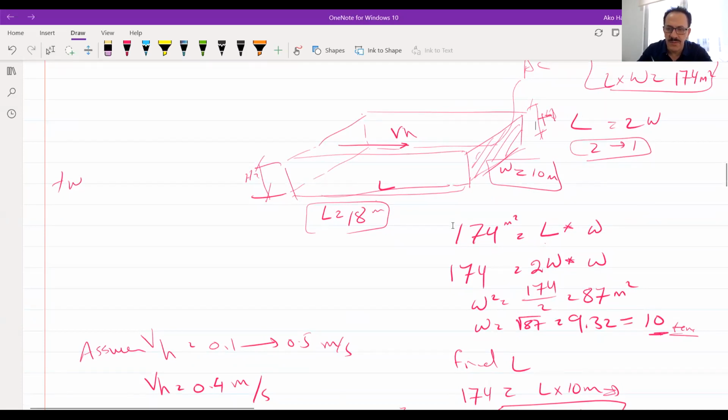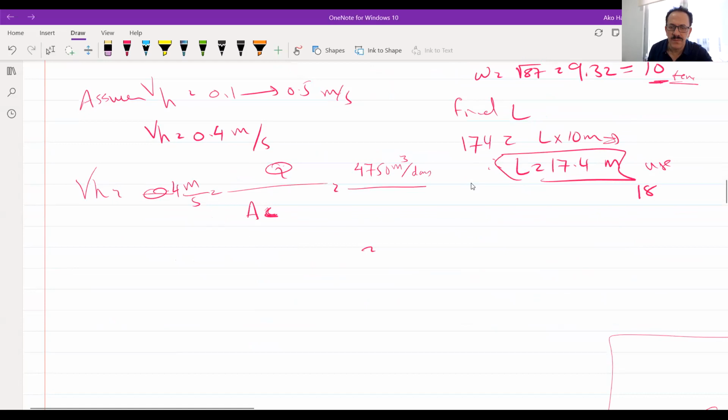So I have the w and I have the h. It will be equal to 4,715 meter cube per day again. And what is the value of W? I found that it's equal to 10 meter, and we need just the H, which is the unknown one, and this will be equal to 0.4 meter per second.